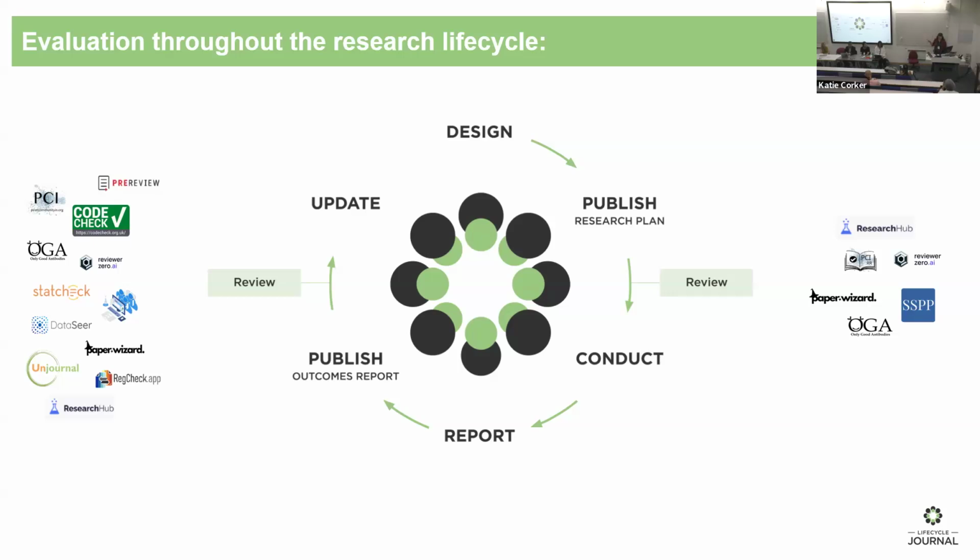For instance, the PCI community journals all have individual subject area disciplines that they're specifically interested in, and the UnJournal is specifically directed towards economics, whereas some of our evaluation partners like PREreview, which you're about to hear about, or Research Hub have a broad scope.